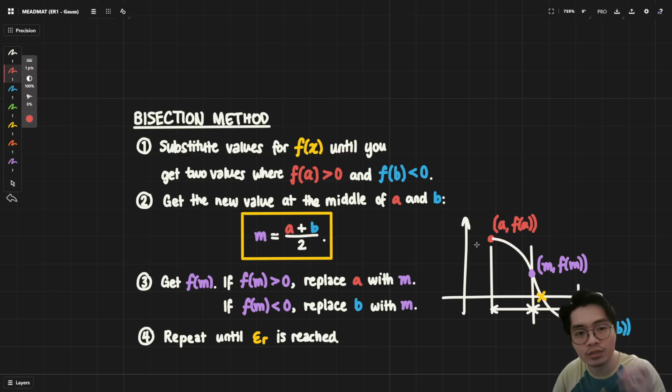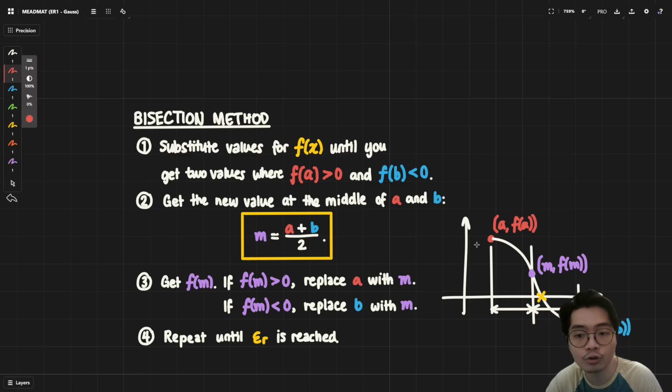Based on the name, a bisection method methodically cuts the range of A and B in half every single time until you get to a close enough range wherein you can say the value of your answer, or rather the root, is going to be somewhere in between them.